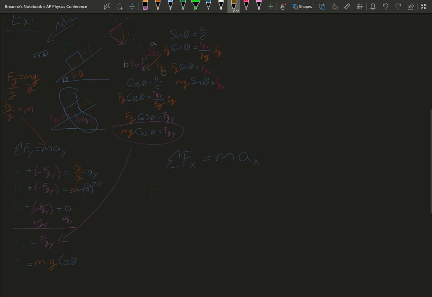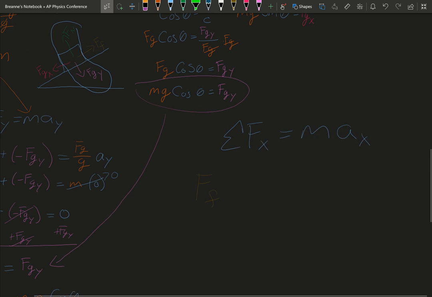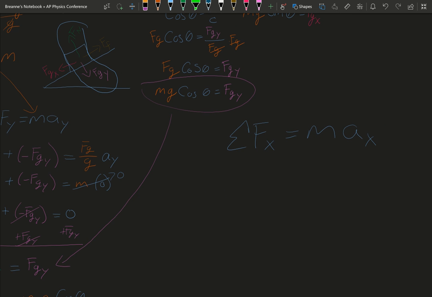We have force of friction plus a negative force of gravity in the x. And again, that's heading to the right, so that's positive. It's heading to the left, that's negative, or that's up, that's down, either way you want to look at it. Equals mass times our acceleration in the x.